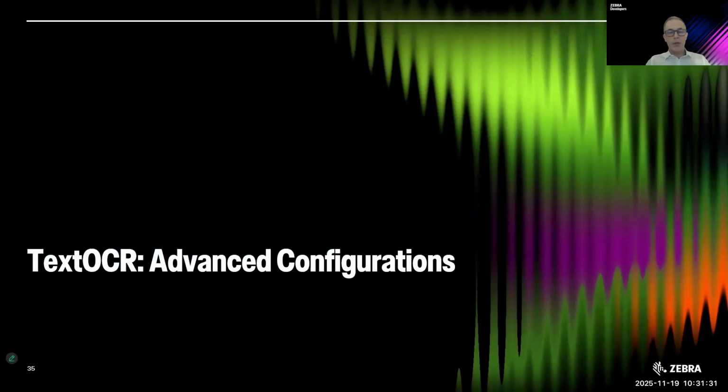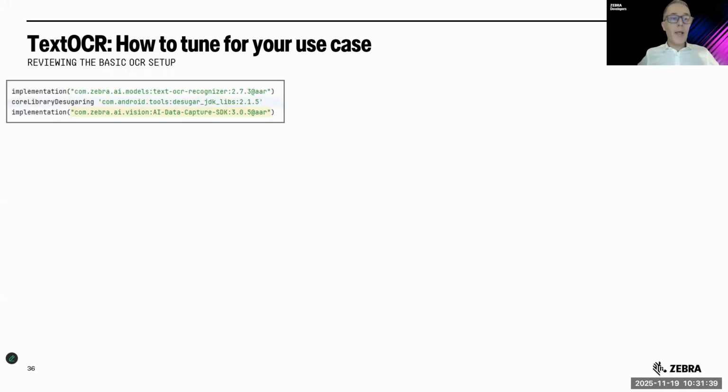Thank you so much. So I said I'll cover some advanced configuration topics about the Text OCR that we didn't see last time. I thought to also cover the basic setup of a solution using the Text OCR.